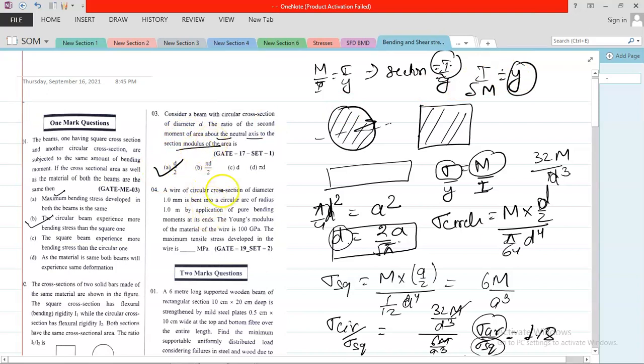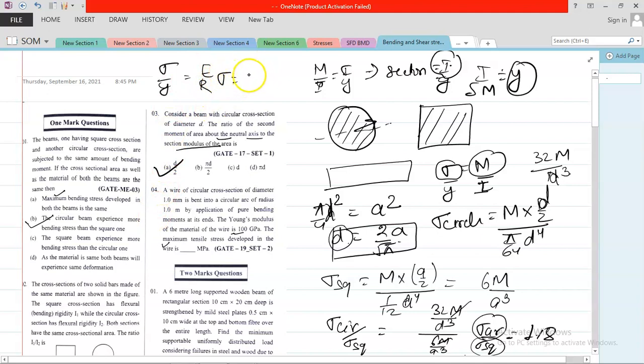Okay. A circular cross section wire of 1 mm diameter is bent in a circular arc of radius 1 meter by application of pure bending. Young's modulus is given, and you need to find the maximum stress. It is given σ/y = E/R. Your maximum y is 0.5 mm, R is 1 meter, and E is 100 GPa.